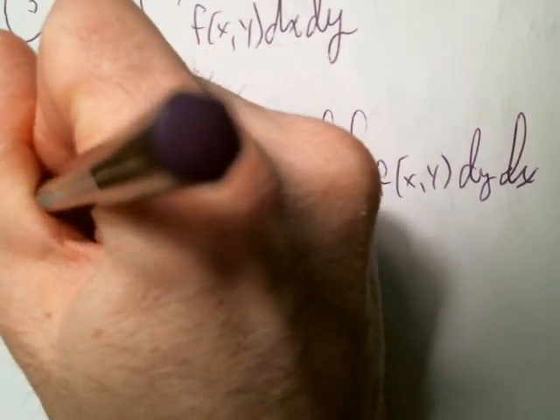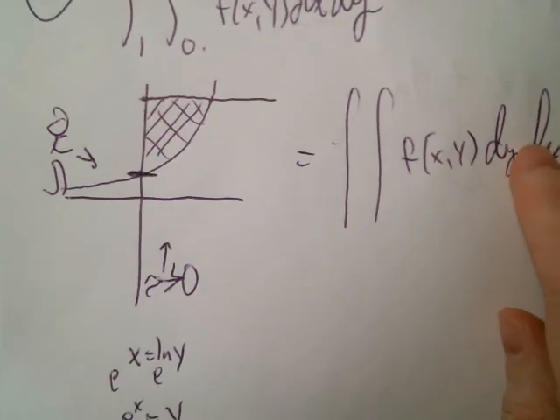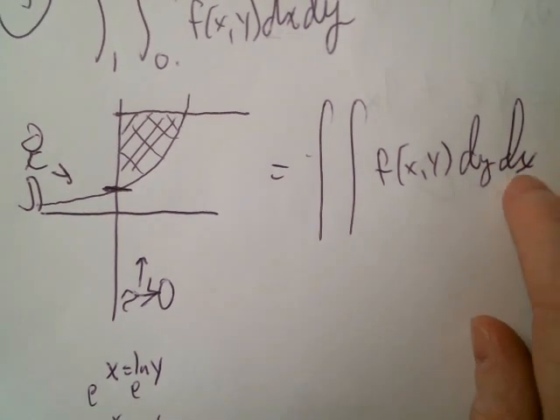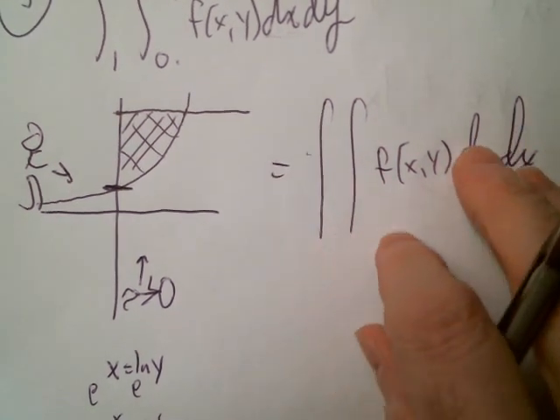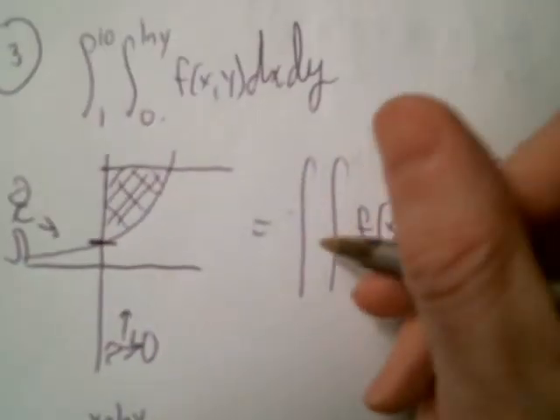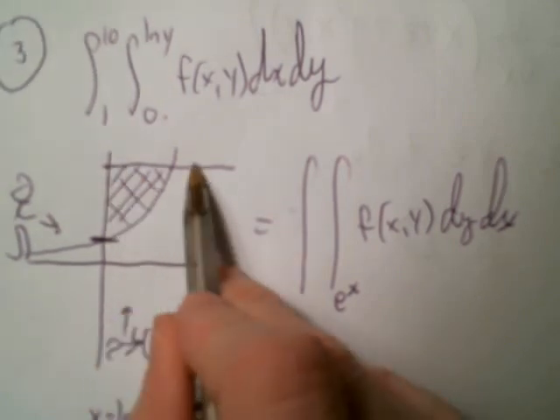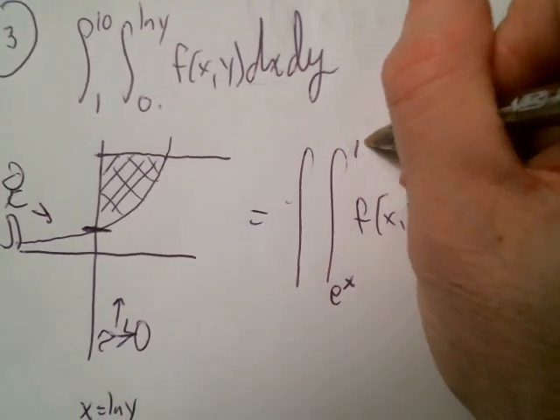So the Riemann man this time is running in this direction. And you think, now y equals some curve to some curve. So y equals this curve, which we know is e to the x, to y equals this curve right here, which is 10, y equals 10.